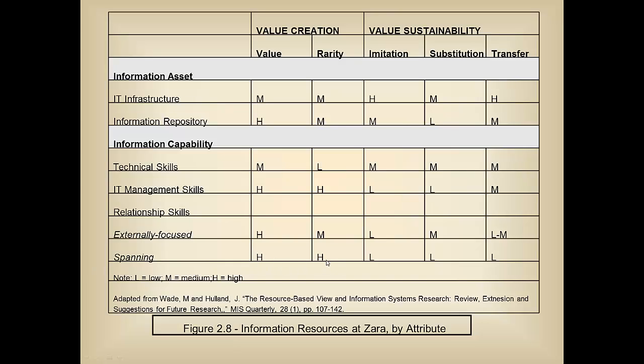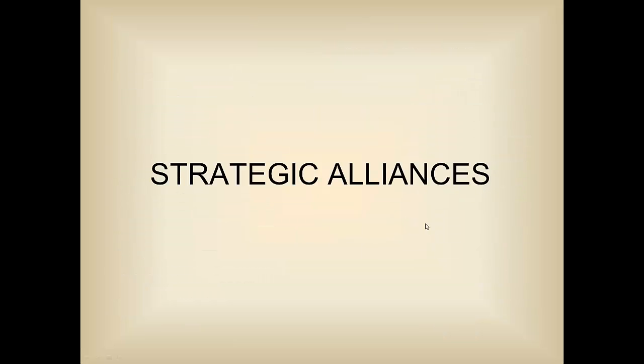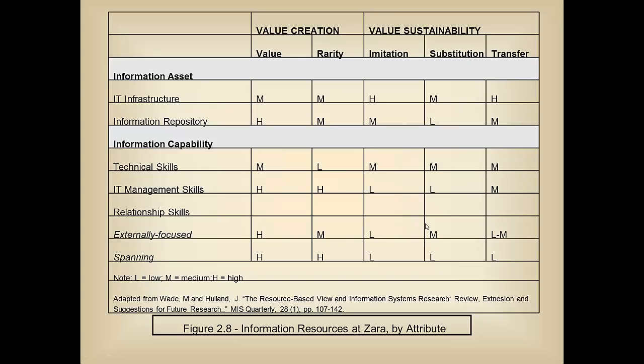So highly valuable, very rare, low ability to imitate, substitute, and transfer. This gives you a good, although somewhat imperfect, ability to rate each of these categories, but it gives you a sense for what's value creation that would allow you to create a competitive advantage, and then what would allow you to sustain that over time under value sustainability. So that's the resource-based view of the firm, creation versus sustainability of a competitive advantage.